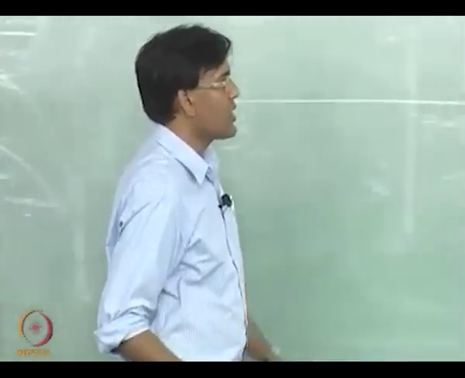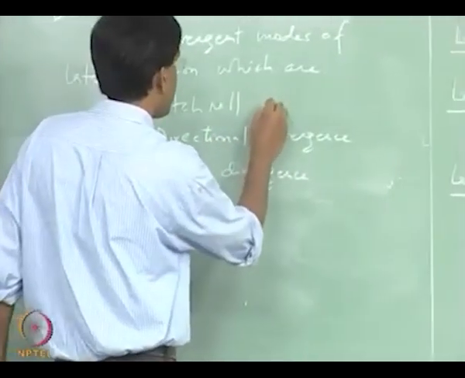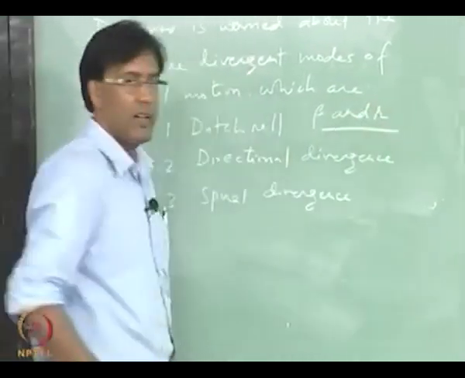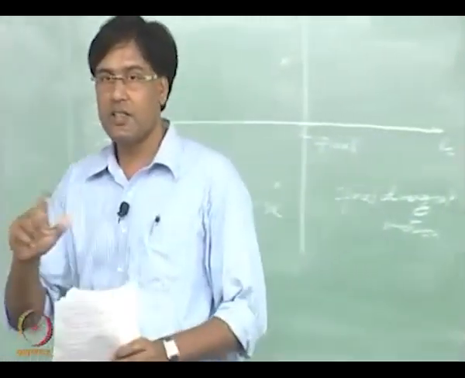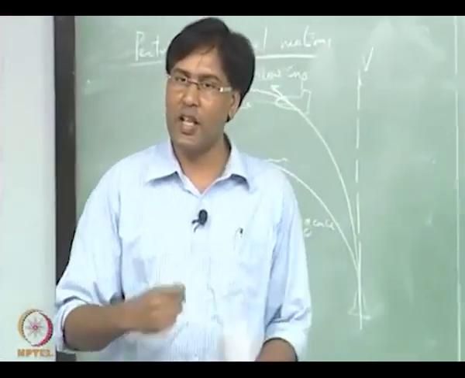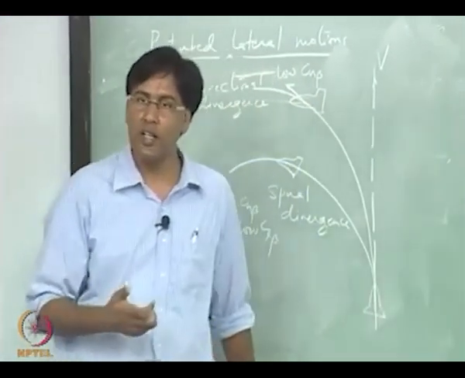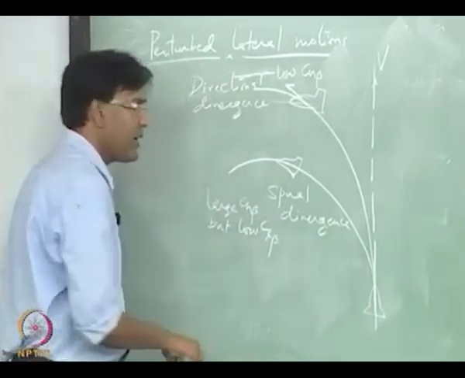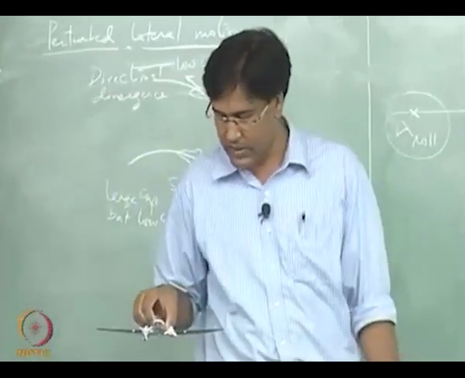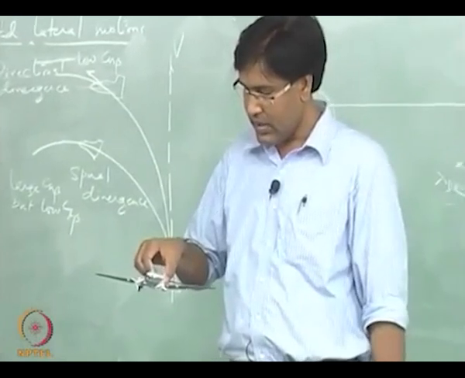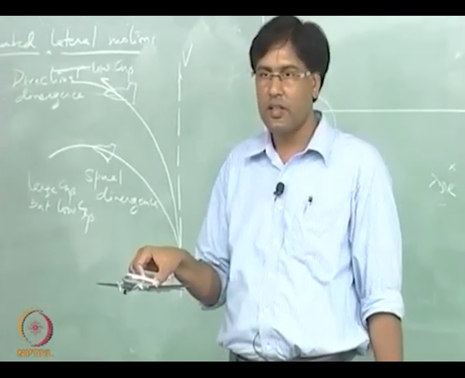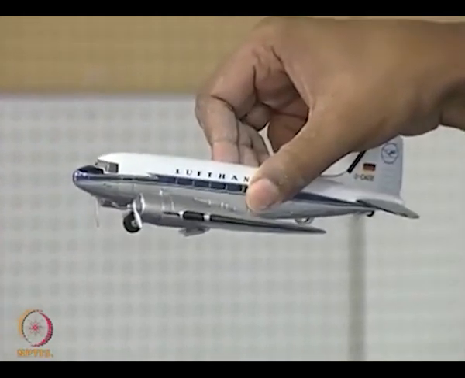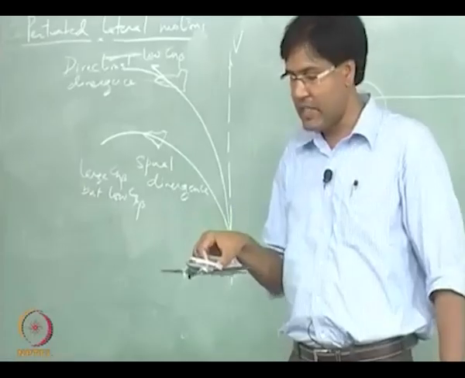This Dutch roll motion is predominant in beta and r, okay. Actually there is not much roll involved; it appears that the aircraft is rolling but it is actually not rolling. Look at this: you are yawing, so you have a non-zero yaw rate r, and you are also side slipping.